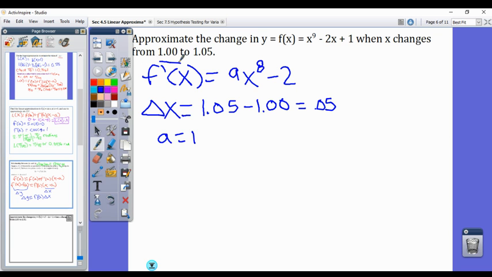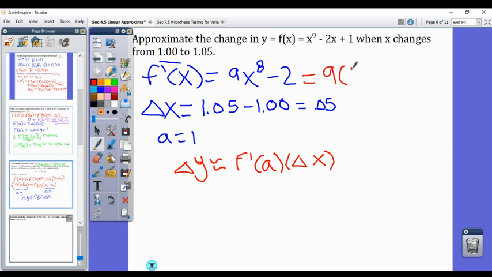I know that from here. So now I'm just going to substitute everything in. So my change in y is approximately equal to f prime a times my change in x. Okay, so if we were to plug in 1, we would get 9 times 1 to the 8th minus 2.